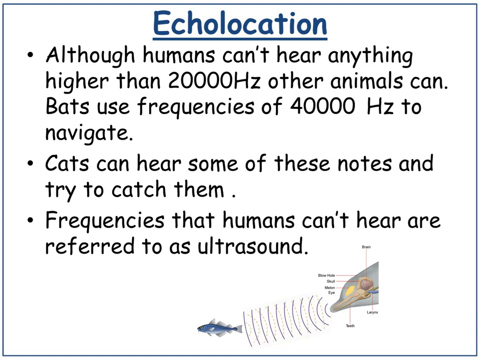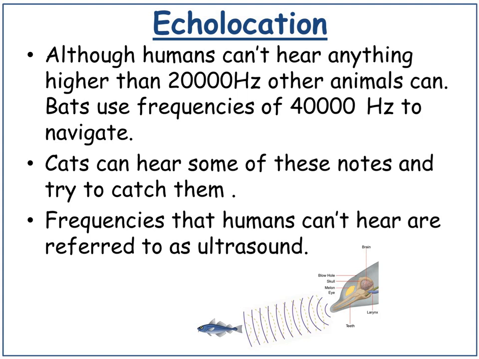If we now look at echolocation, although humans can't hear anything higher than 20,000 Hertz, other animals can. Bats use frequencies of 40,000 Hertz to navigate. Cats can hear some of these notes and try to catch the bats. Other things that use echolocation are things like dolphins.